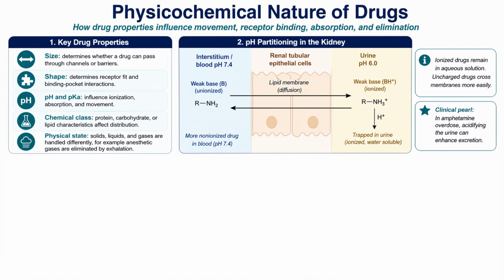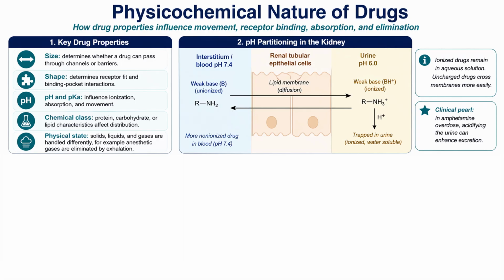So with a weak base, for example, more of the drug may be unionized in the blood, which allows it to diffuse across the membrane into the urine. When it diffuses into the urine, it reaches an acidic environment, and it can gain a proton and become ionized. Once ionized, it becomes more water soluble and less able to cross back into the blood. This is what's called ion trapping.